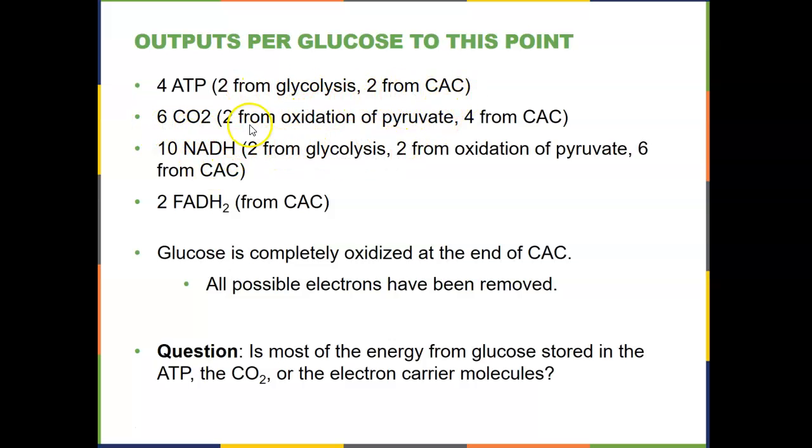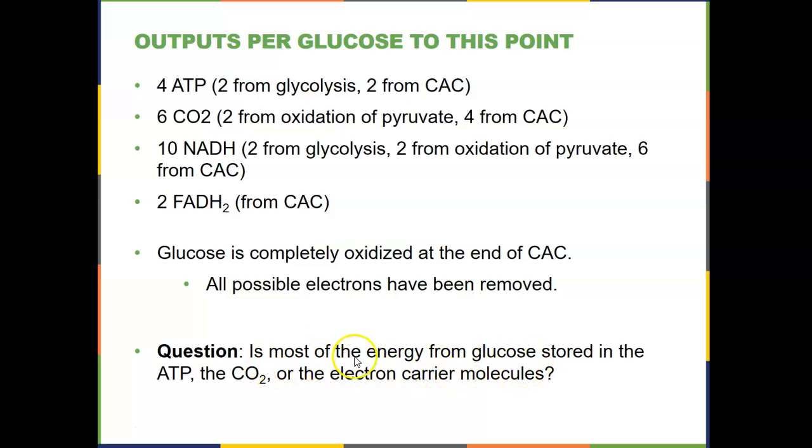We've got 6 CO2, 2 of them from the oxidation of pyruvate into acetyl-CoA, and 4 from the 2 runs through the citric acid cycle for each of the acetyl-CoAs. And we've generated a total of 10 NADHs, 2 from glycolysis, 2 from the oxidation of pyruvate, and 6 from the citric acid cycle, and 2 FADH2s from the citric acid cycle. Glucose is gone. All the electrons that we can harvest have been harvested, and indeed we got a little bit of ATP while we're at it.